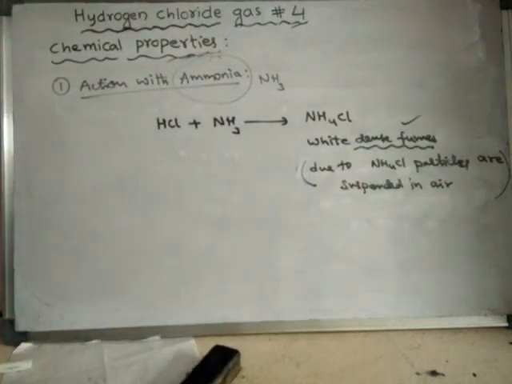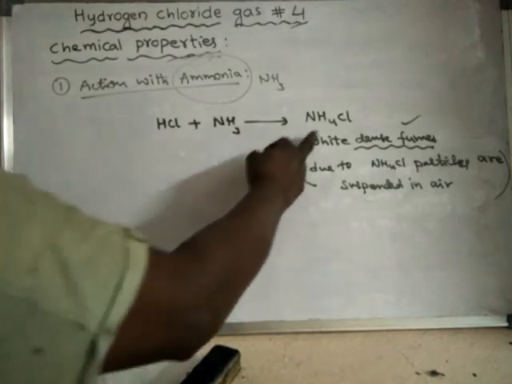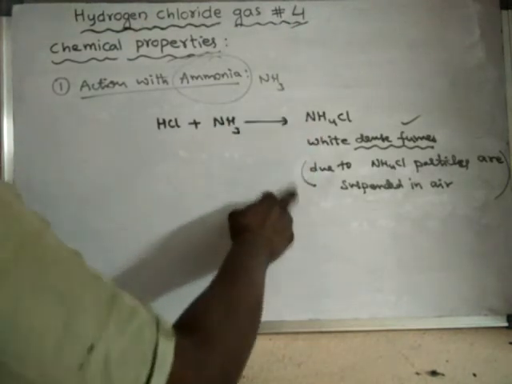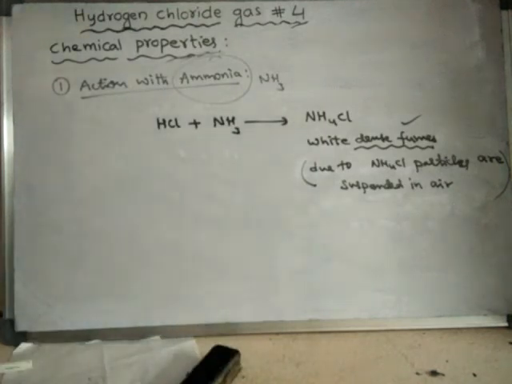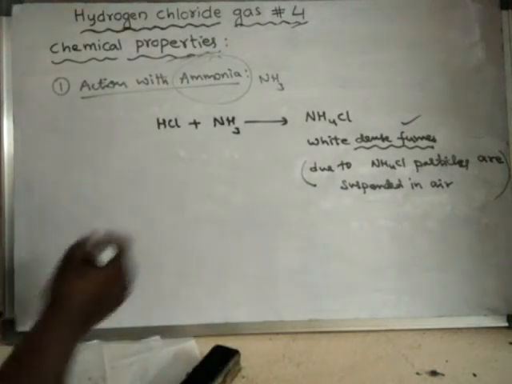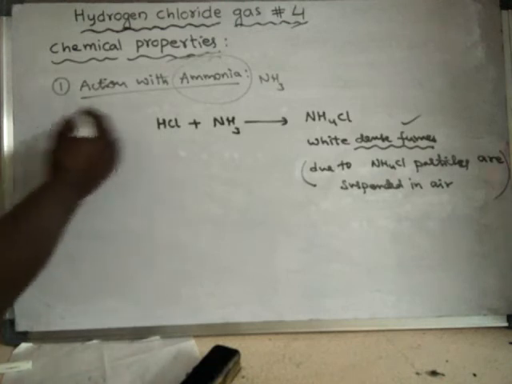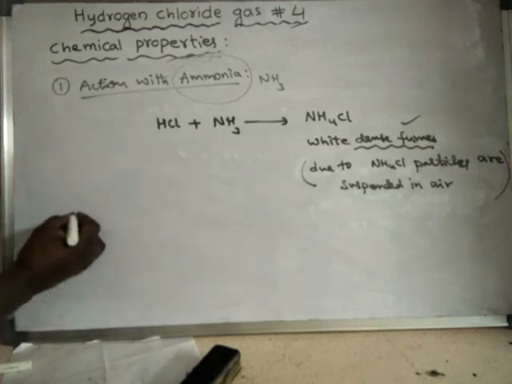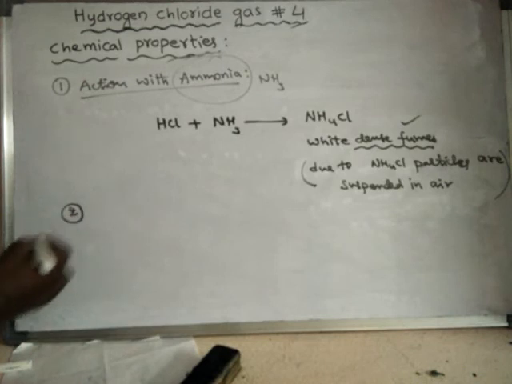The formation of fumes is due to the suspension of ammonium chloride in air. So like this we can explain the action of HCl with ammonia.